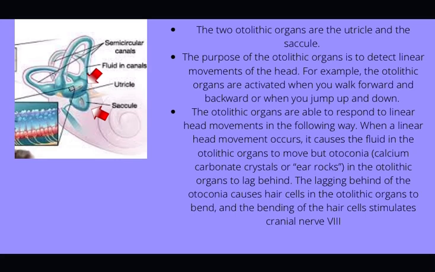When a linear movement occurs, it causes the fluid in the otolithic organs to move, but the crystals in the otolithic organs to lag behind. The lagging behind of the crystals causes hair cells in the otolithic organs to bend. The bending of the hair cells stimulates the cranial nerve.